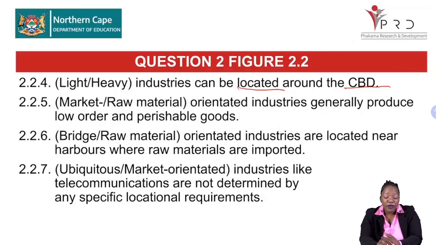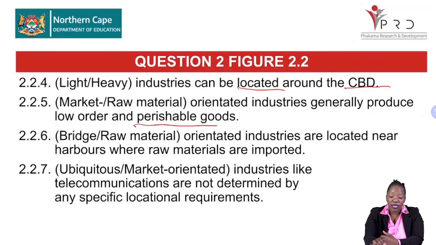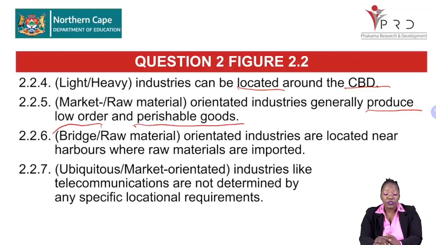Then number 5 is the market or raw material oriented industries generally produce low order and perishable goods. So they are perishable and they produce the low order. So is it market or is it raw material oriented?